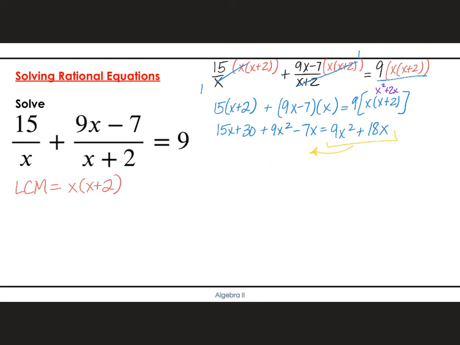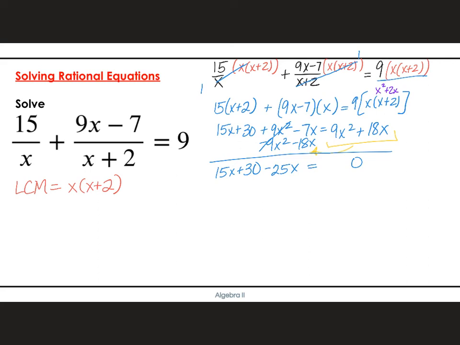So that means I'm going to have minus 9x squared and then minus 18x, so that on the right I have 0. And over here I have 15x plus 30. Oh, look, that's 0. And then negative 7 minus 18 is going to be negative 25x.